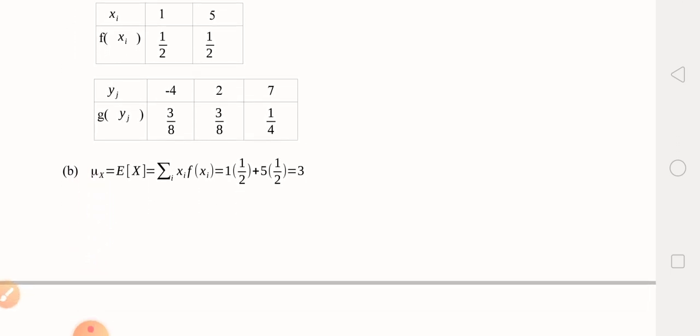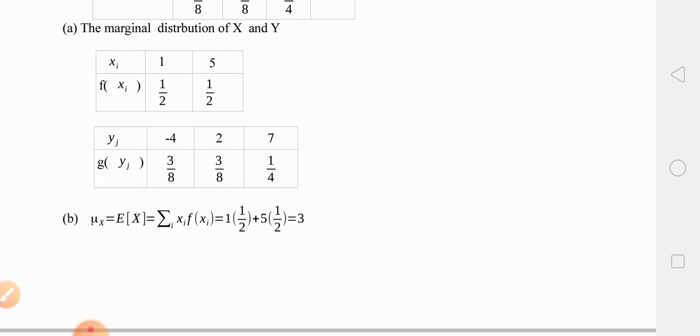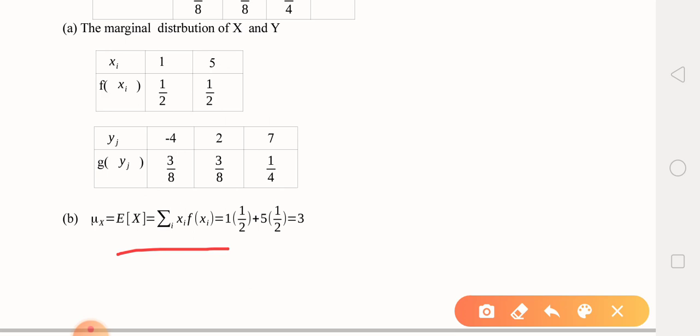We have to find the mean or expectation of x and expectation of y. The formula: expectation of x equals summation xi into f of xi, which is 1 into its probability half plus 5 into half, equal to 3.